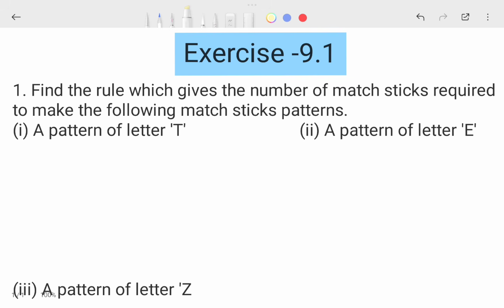The first question says to find the rule which gives the number of matchsticks required to make the following matchstick pattern. A pattern of the letter T is given here.